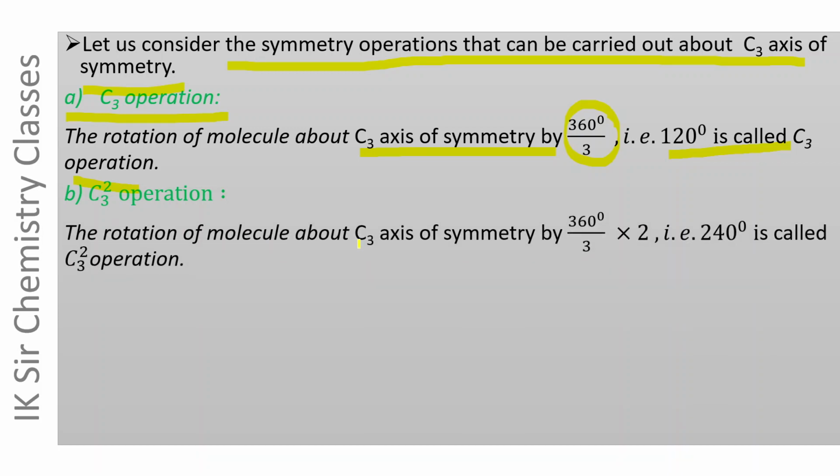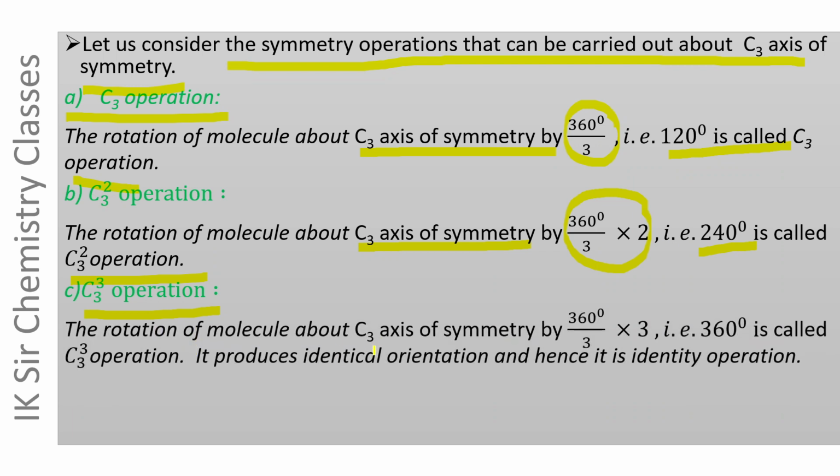The rotation by 360 degree by 3 multiplied by 2, that is 240 degree, is called C3 squared operation. C3 cubed operation means C3 operation carried out thrice. The rotation by 360 degree by 3 multiplied by 3, that is 360 degree, is called C3 cubed operation.